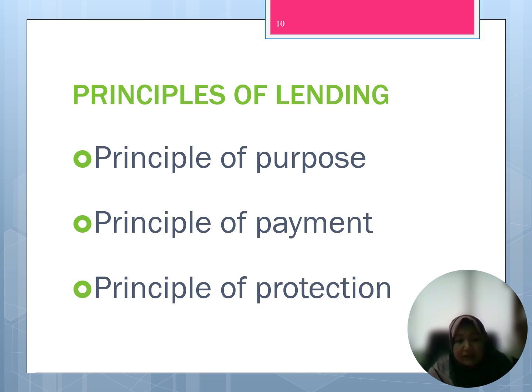Usually the principle of purpose relates to the principle of payment. When the bank is sure about the purpose of the loans, it relates to the payments. If the borrower wants to borrow money for a certain purpose, how will they pay?